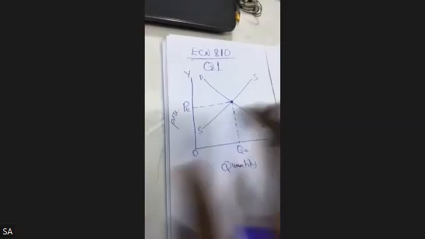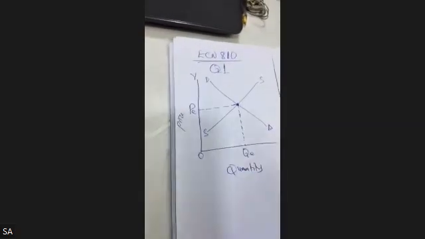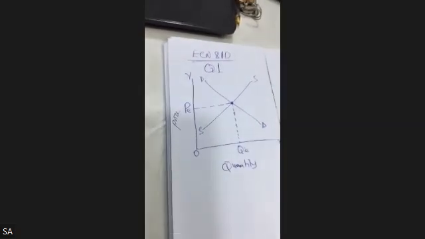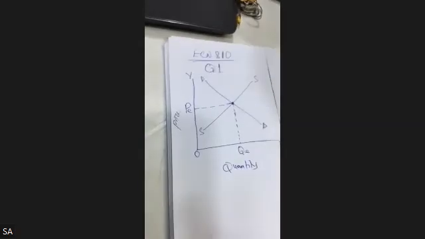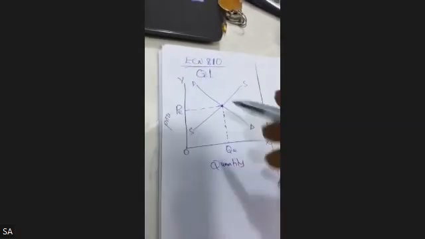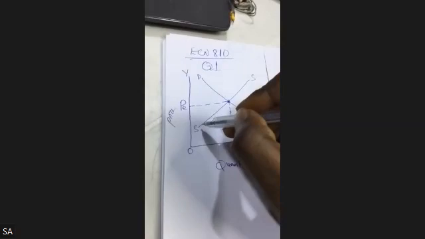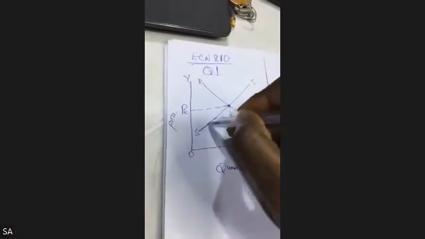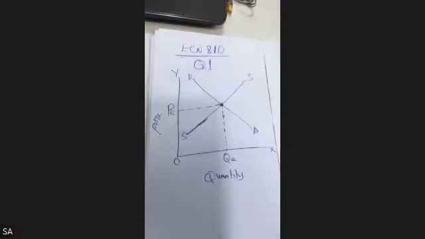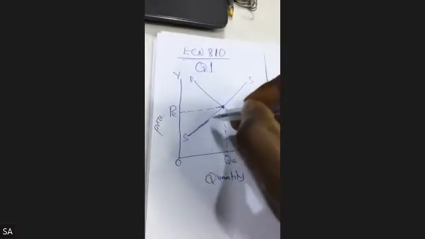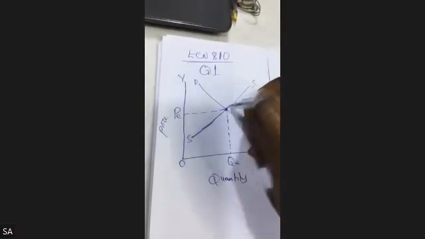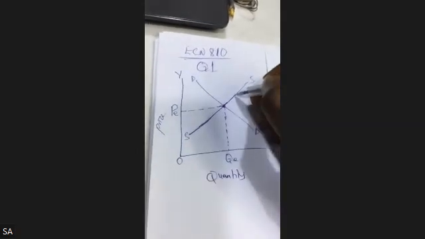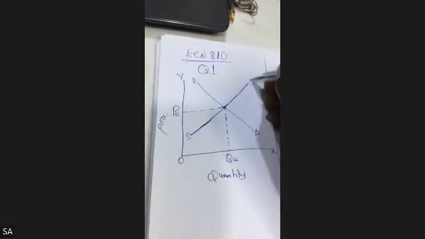Okay, so now let's look at what happens if the law favors the suppliers and the consumers. So class, this curve, which is the supply curve, remember that the supply curve is positively sloped, upward from left to right. And this is the demand curve.